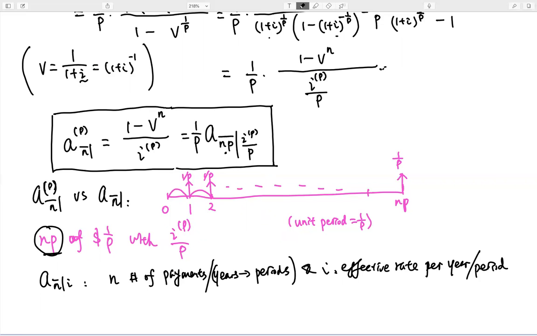You just need to get a new number of payments. So now the number of payments, n would be small n times p. And your i over y would be i upper p divided by p. Remember, it's enlarged by 100 times.